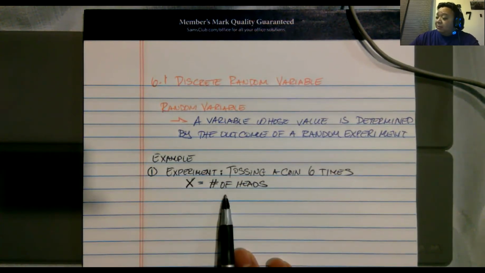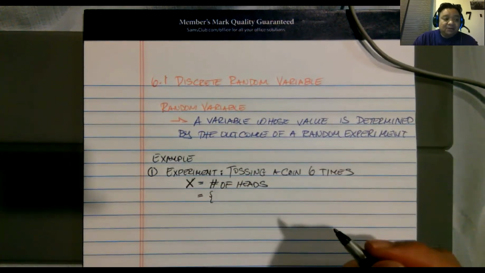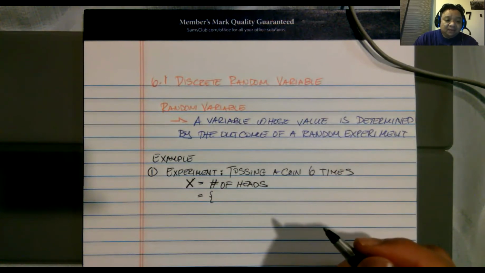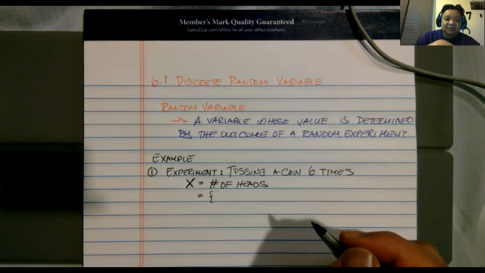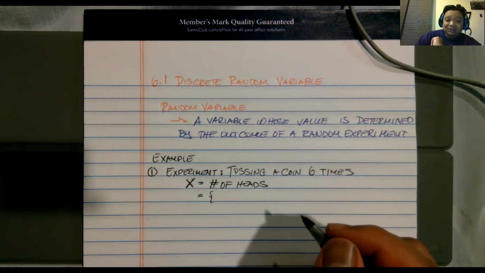So for this particular problem, x will have what values? You might say 1 through 6, wouldn't it? Not just 1 through 6, because it is possible to get all tails. So it's not just 1 through 6, it's 0 through 6.